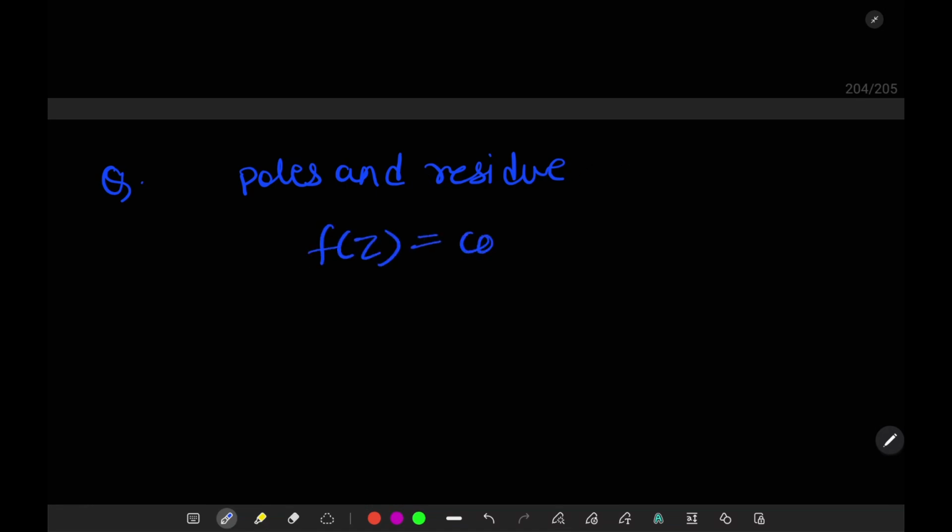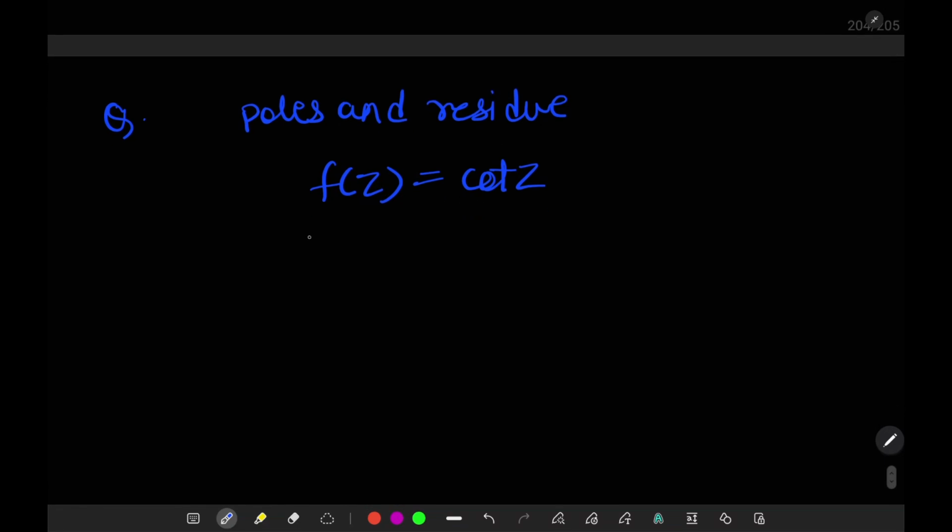Now let's do another question. Determine the poles and residue at each pole of the function f of z equals to cot z.